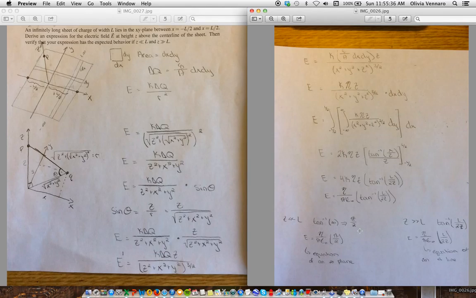So using this equation, I can find out what the expected behavior would be if z was much less than L and if z was much greater than L. So if z was much less than L, that would mean that you're dividing by a number that's approaching 0, which would cause the whole thing to go to infinity.